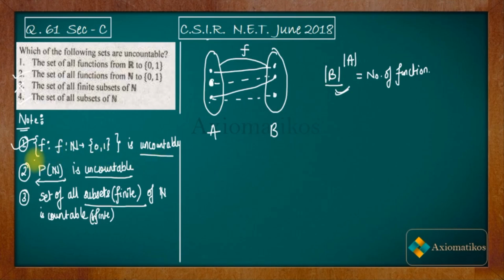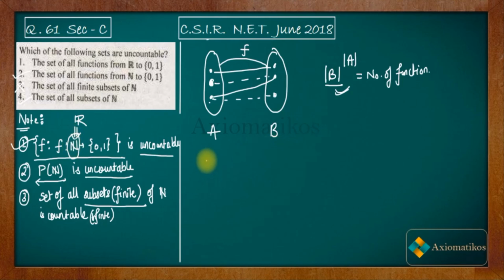We know that the set of functions from the natural numbers to {0, 1} is uncountable. Yes, we know. Now if I replace the set of natural numbers with R, we are increasing the number of elements inside the domain.